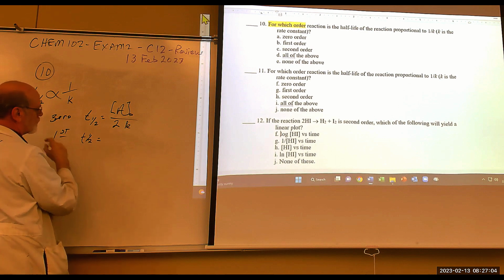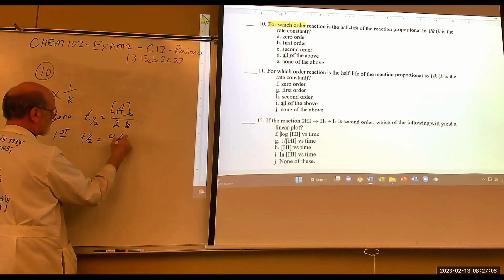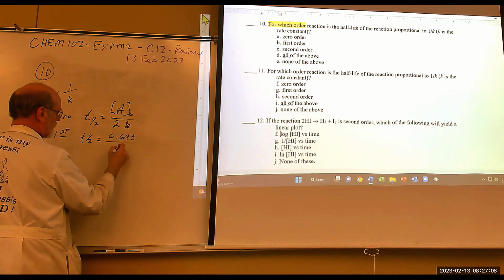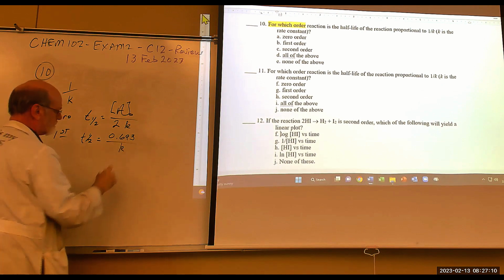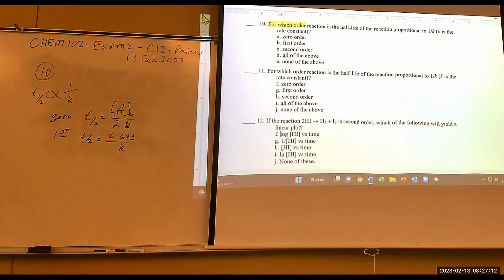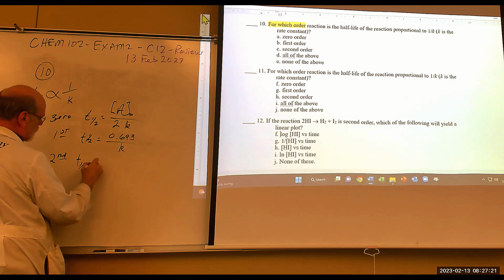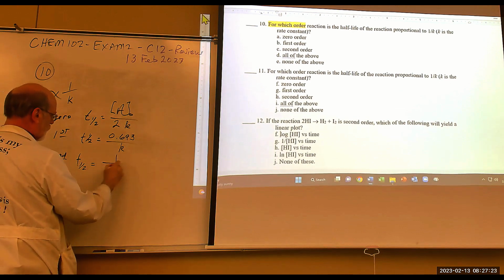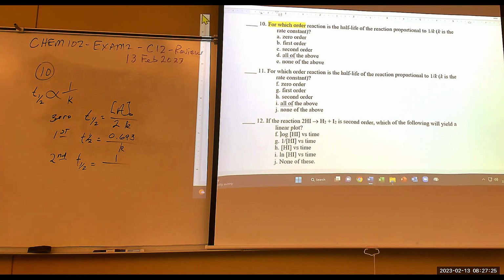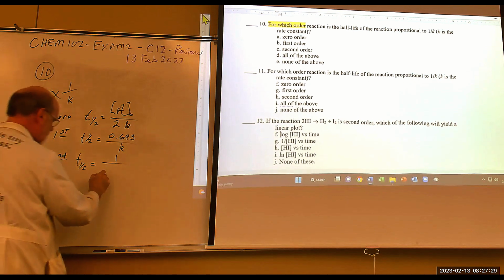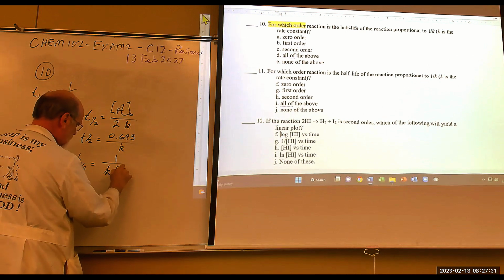t1/2 equals what? 0.693, I remember that one. And that's over k, right? Just one k. And the last one, second order, is half-life equals 1 over k times [A]0.